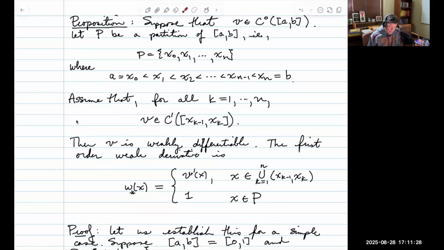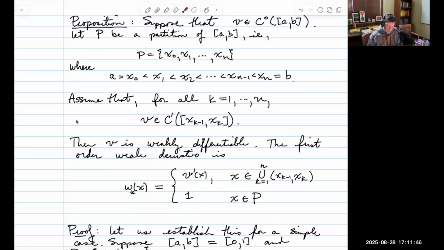Now, however, v is weakly differentiable, and I can show that the first order weak derivative is precisely equal to this thing I'm going to call w star, where w star is just the classical derivative anytime that I'm inside an interval of the partition.